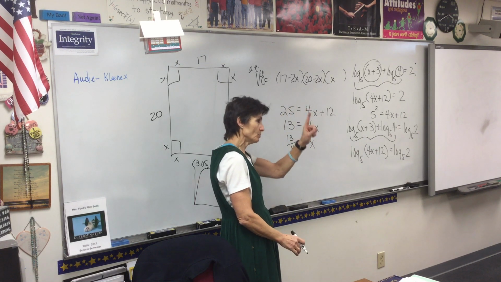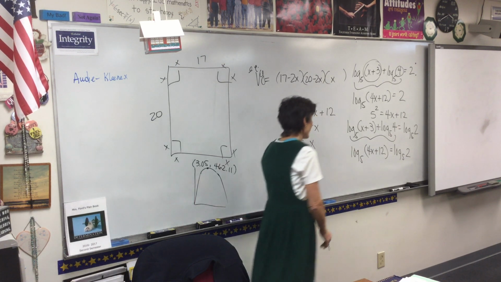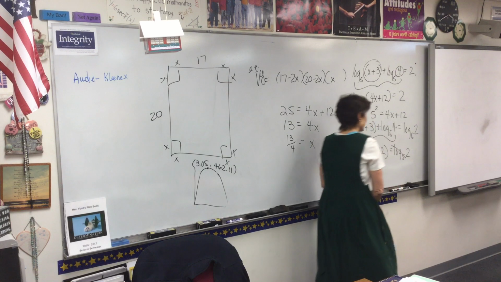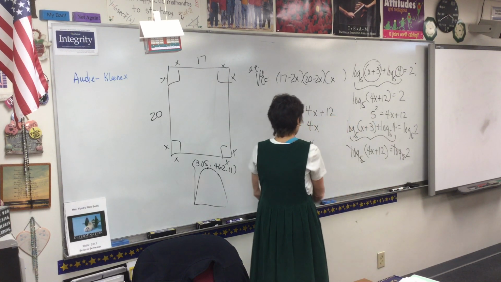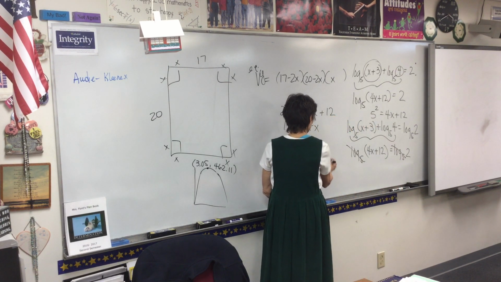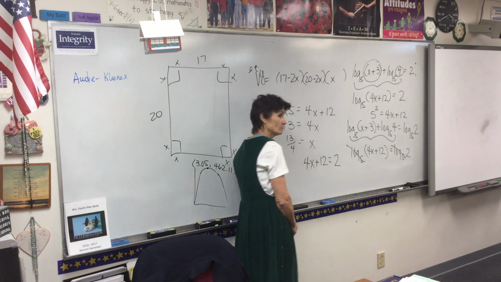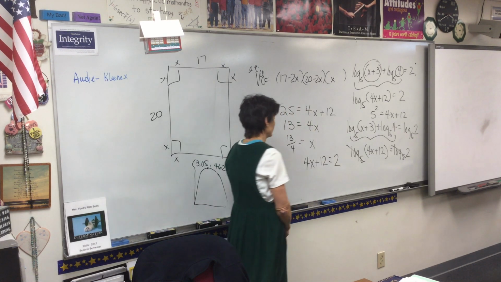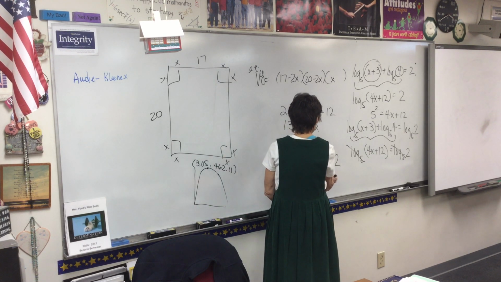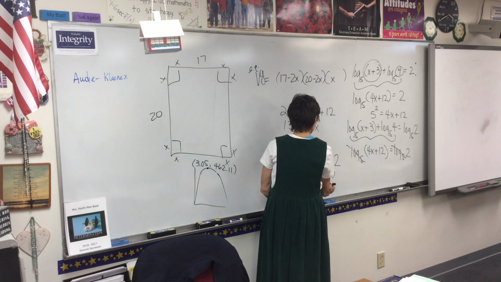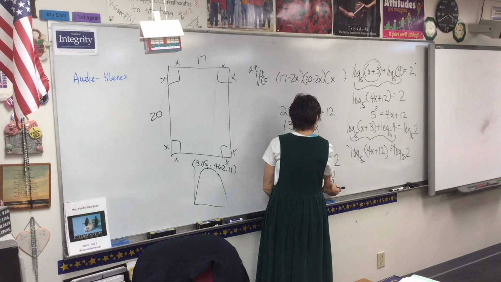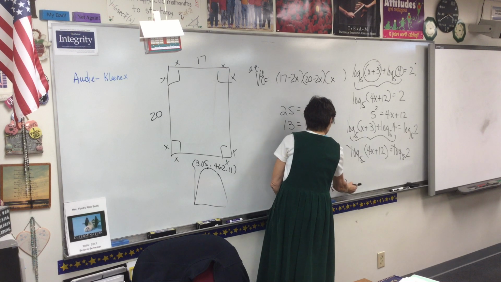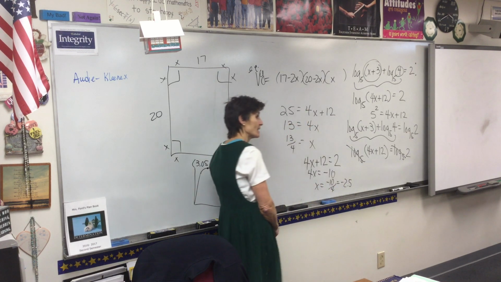You only loop-de-loo when you have one logarithm. If you have one on both sides, they just disappear. So 4x plus 12 equals 2. And 4x equals negative 10, and x equals, oh, what is that? Negative 2.5, negative 5/2, negative 2.5.